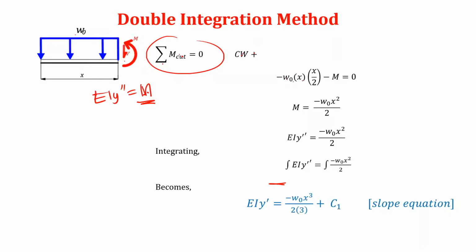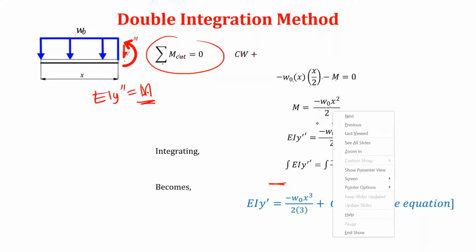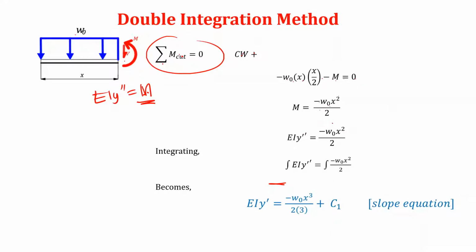Negative w0 times x over 2 minus M equals 0. So M is negative w0 x squared over 2. Therefore, EI y double prime is negative w0 x squared over 2.